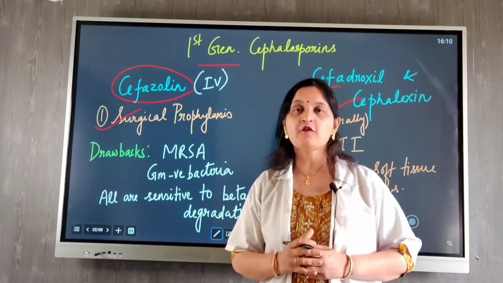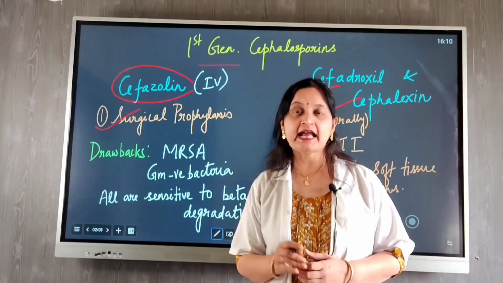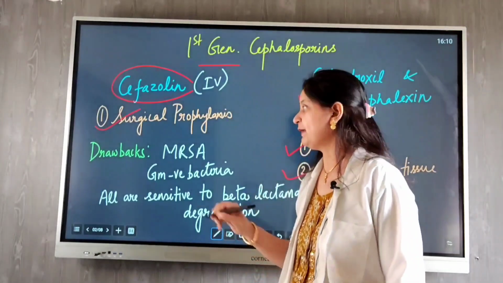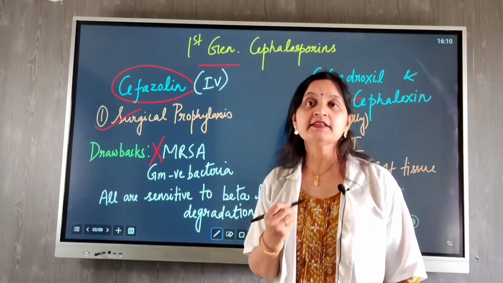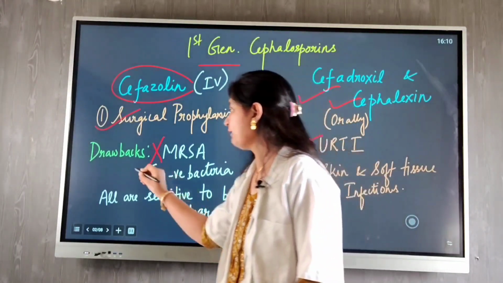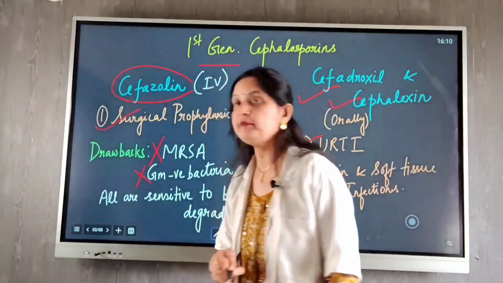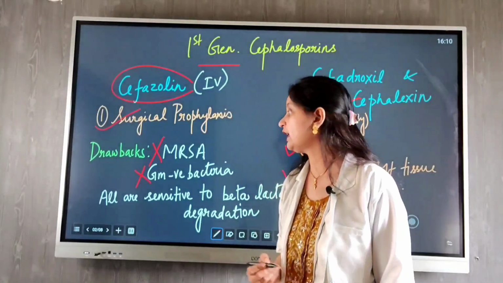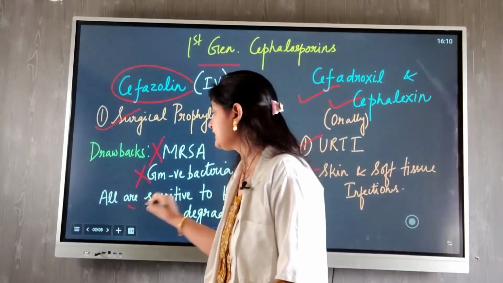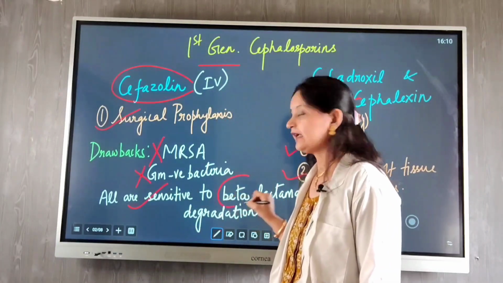But the drawback of first generation cephalosporin is that it is not active against methicillin-resistant Staph aureus. Secondly, it has insignificant activity against gram-negative bacteria. So gram-negative infections are not treatable with first generation cephalosporin. And thirdly, they are highly sensitive to beta-lactamases.